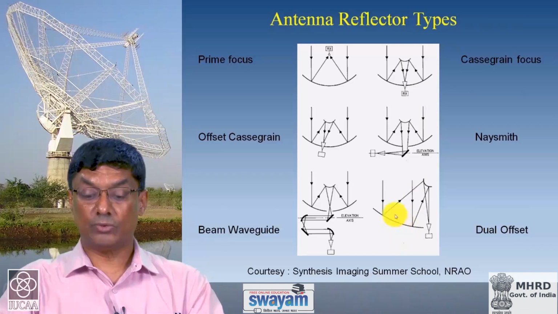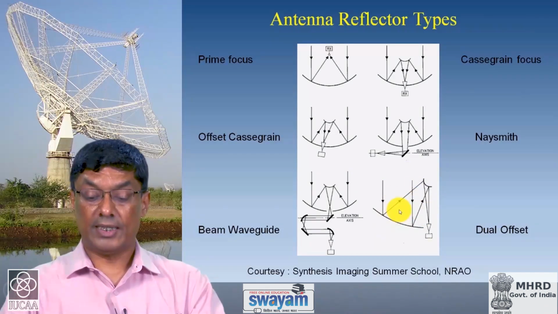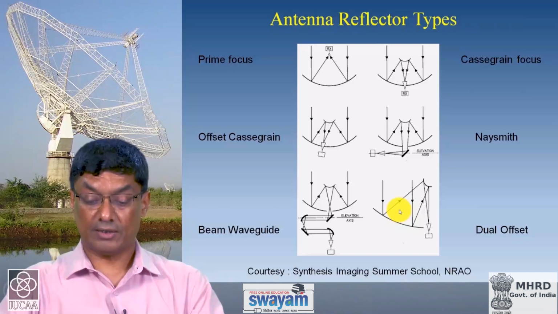Whereas, in an offset situation, you avoid that and you have an uninterrupted unblocked aperture, but then this is obviously a harder mechanical arrangement to build and support, because it is inherently asymmetric in its arrangement, and the mechanical support structure tends to be more cumbersome.